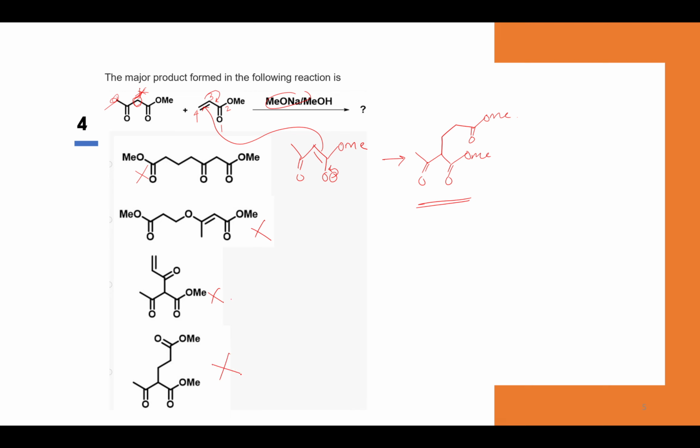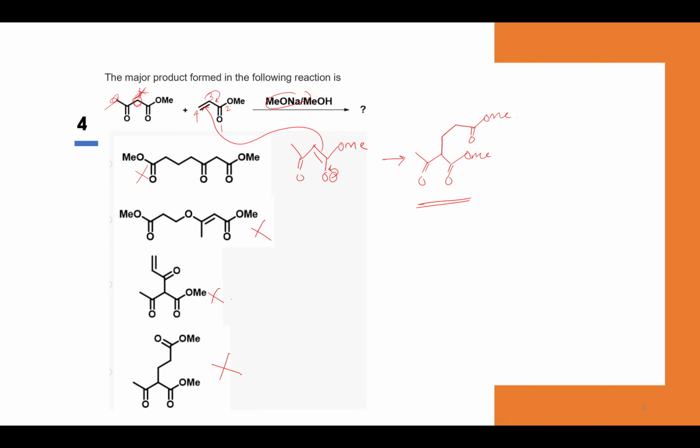It will remain as it is, and here, how many carbons? 1, 2, 3, 4. So 1, 4. Got it? So this is the intermediate we are getting here.